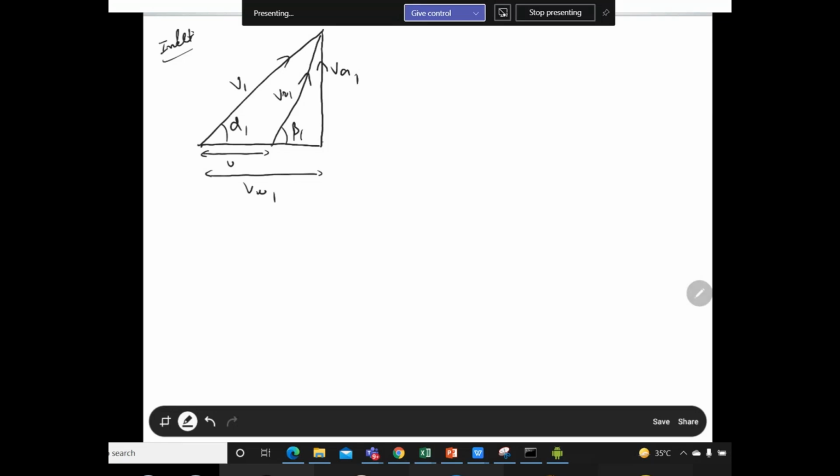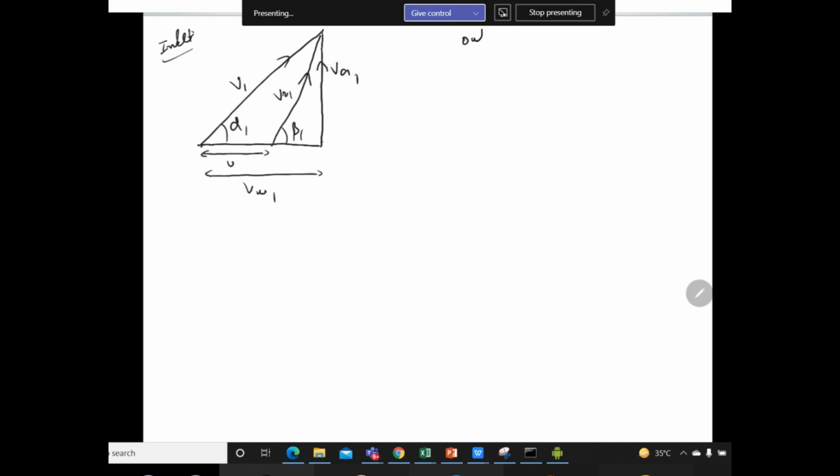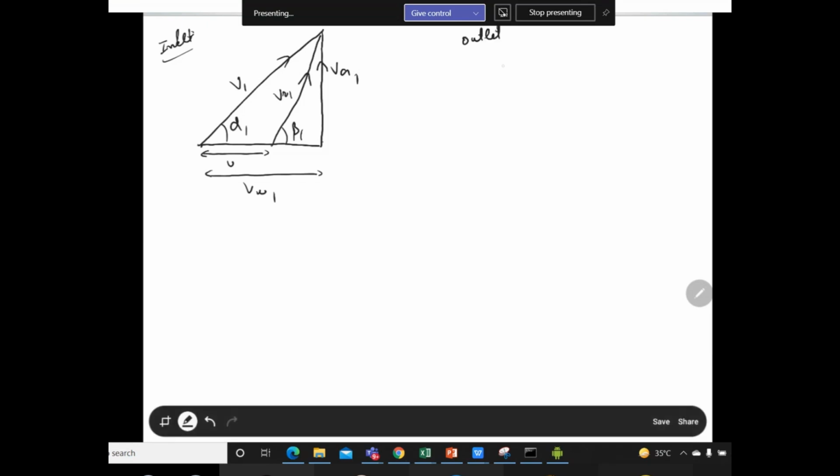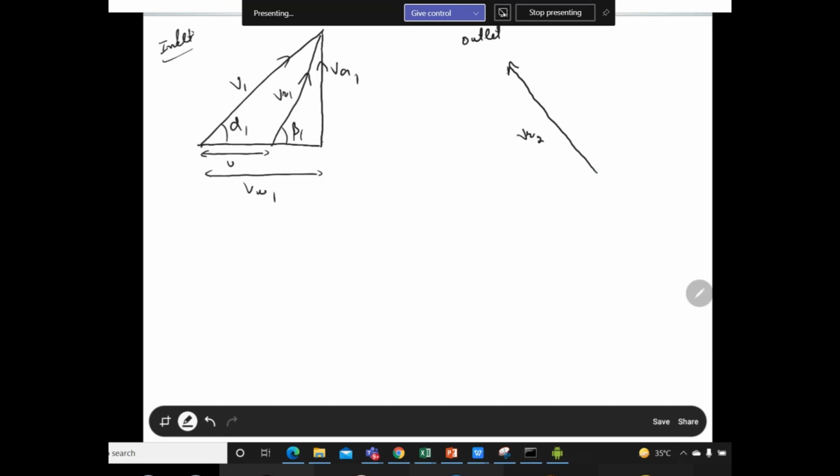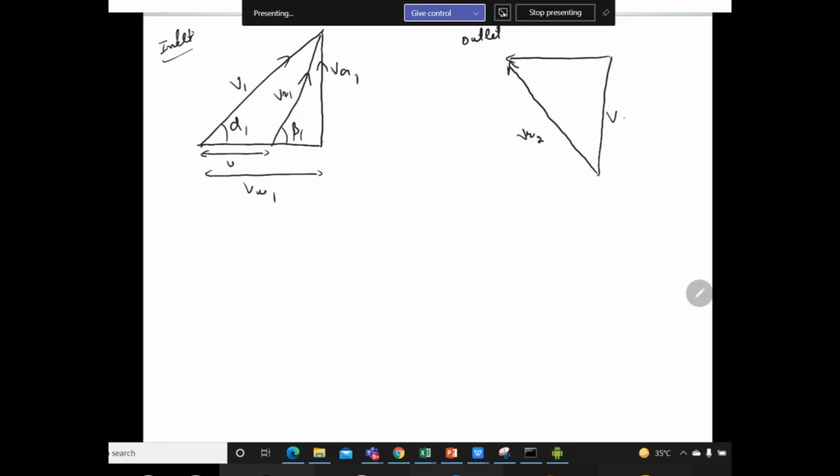In a similar pattern we draw the outlet velocity diagram as well. So for the outlet velocity diagram, this is VR2, this is VA2, and then we have V2, and this is your VW2, the whirl component, and this is your U. This arrow will be in this direction.